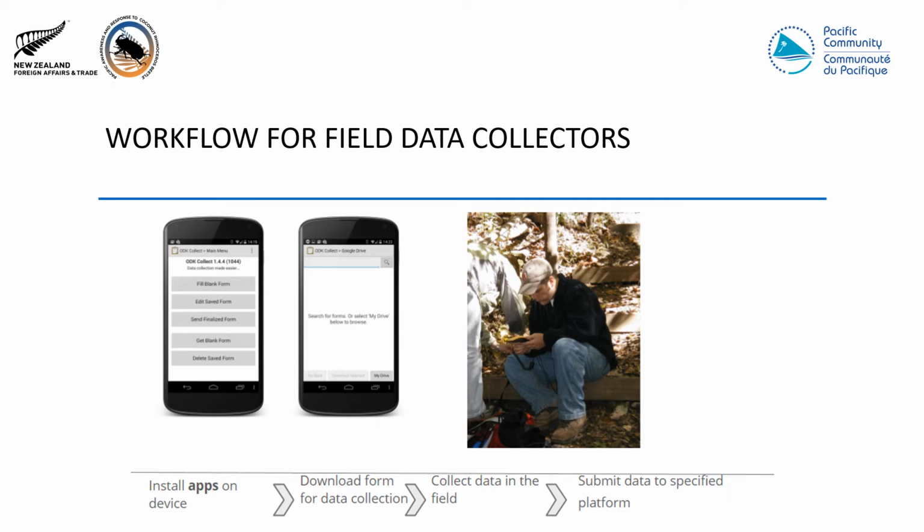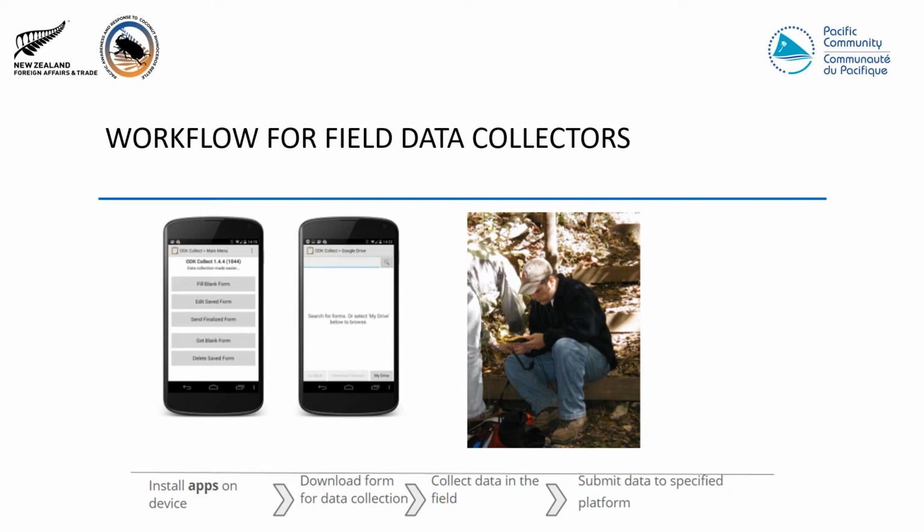Then the form prepared through the Kobotoolbox will be downloaded on the mobile device through the Kobo Collect app. Collection of data can then start. Note that during this process of collecting data, it is not important to have an internet connection.